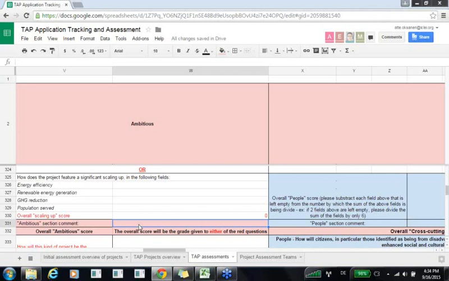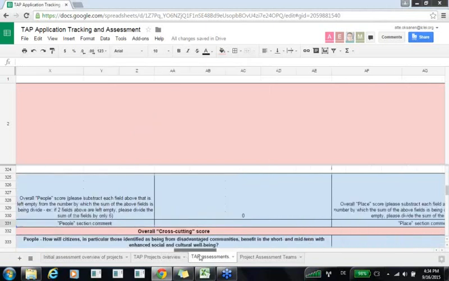And if you have used one of the very high grades or one of the very low grades, we would really strongly encourage you to explain why you did so in these comment sections. But you'll see that each of the main sections, be it ambitious or cross-cutting or inclusive, have these comment sections.